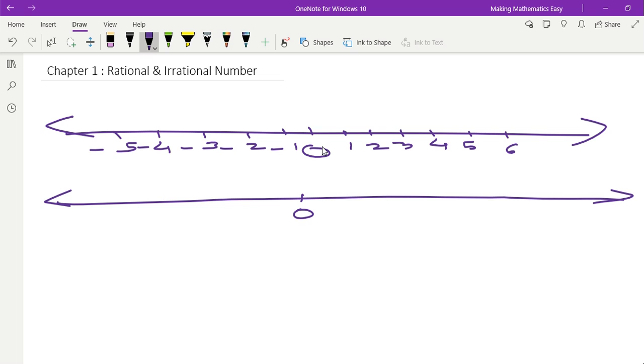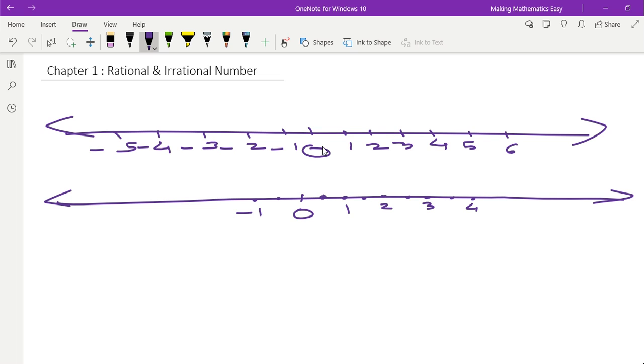So in case this is the origin and there is a simple dot over here, and there is no number mentioned, and there is 1 mentioned over here, there is one more dot over here with no number mentioned, and there is number 2 over here, there is a dot but no number mentioned, and over here it is 3, and in a similar way it goes like this. Now similarly it will also be on the left hand side.